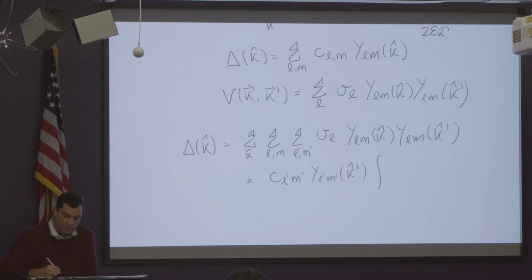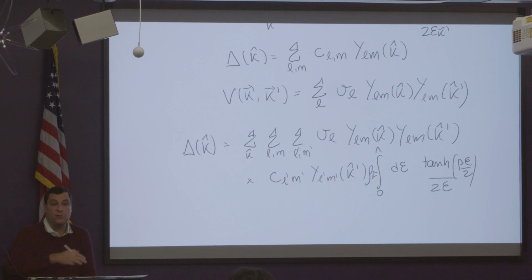And then I'm going to do an integral over the energy, so I separated angle and energy. And of course I have to multiply by the density of states, rho_f, tanh of beta epsilon over 2 epsilon, from 0 to my cutoff, which in electron-phonon you can think of as the Debye frequency.